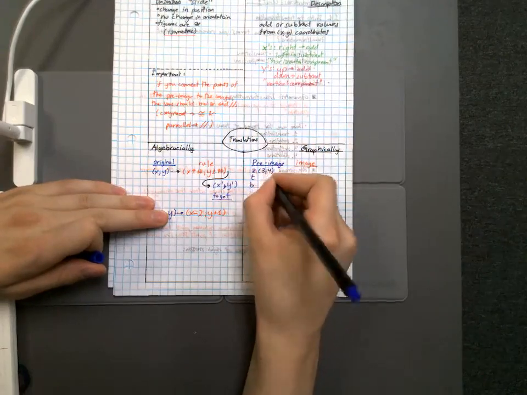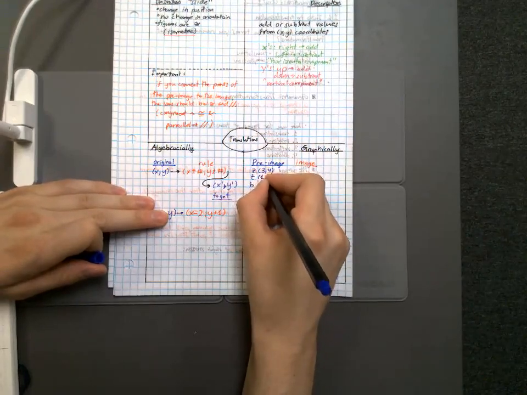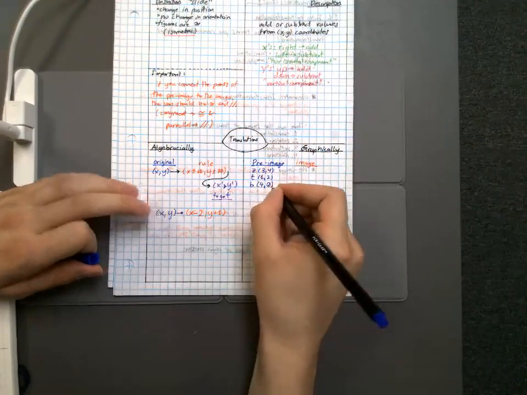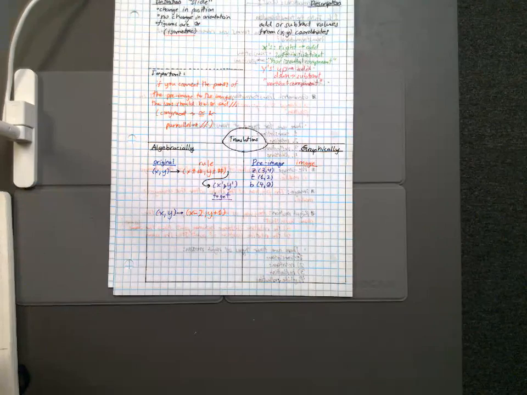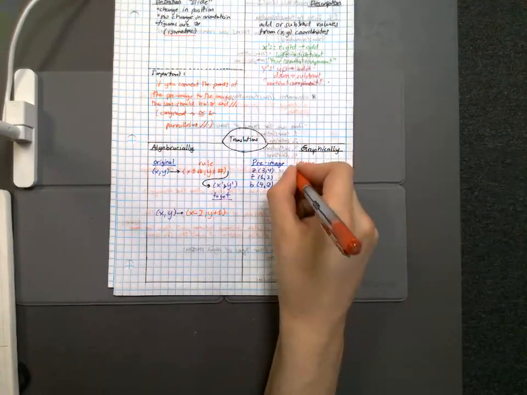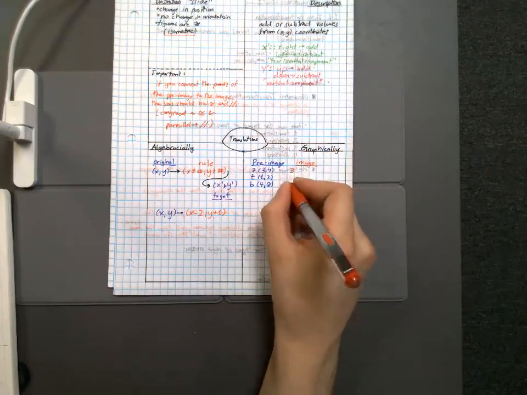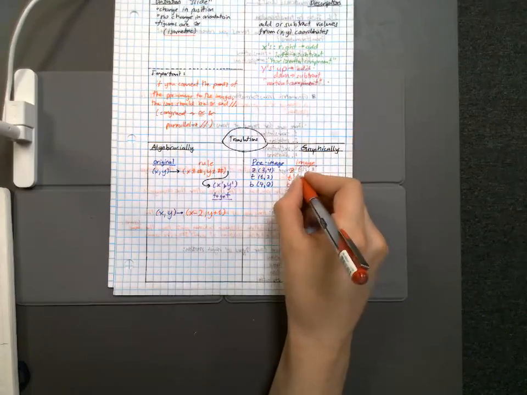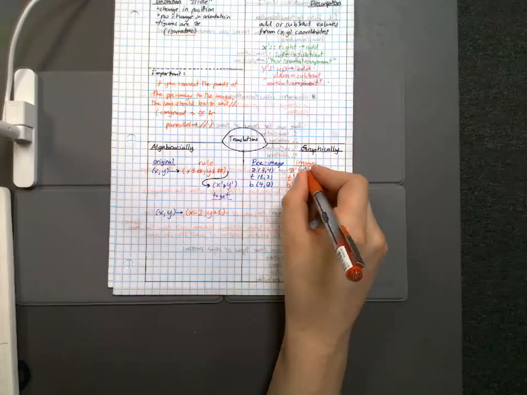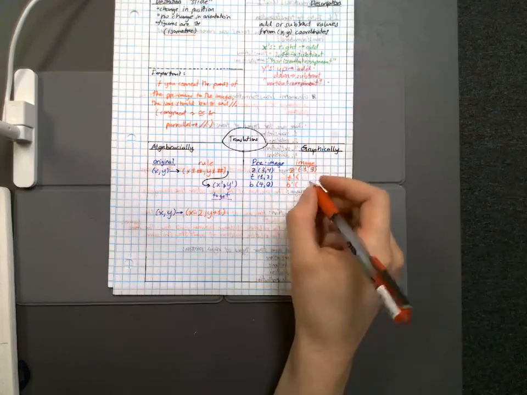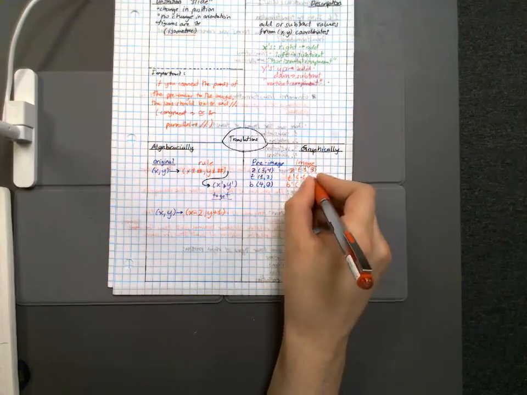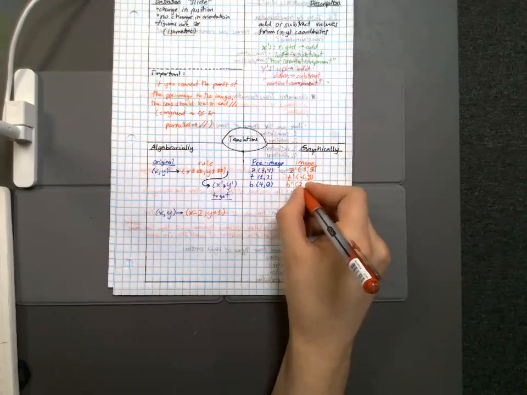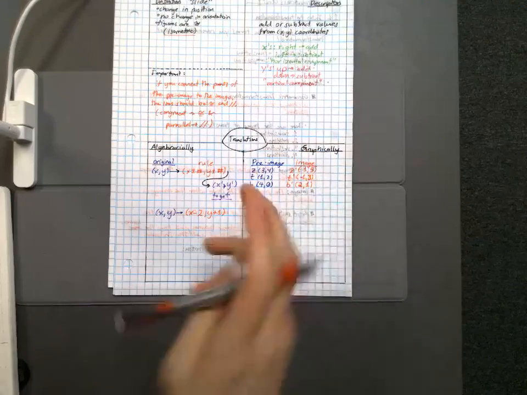You got 3 to the 4th. 1, 2, and 4, 0. For our image, we have z prime, t prime, and b prime. We have 1, 5, negative 1, 3, and 2, 1. Okay?